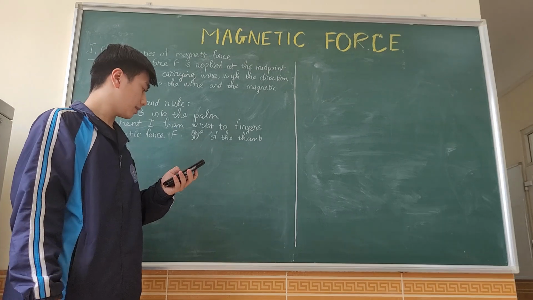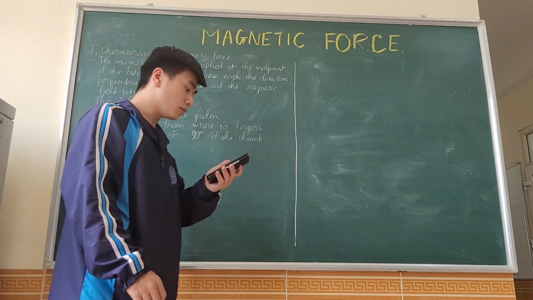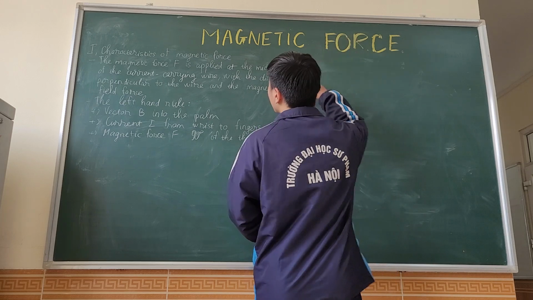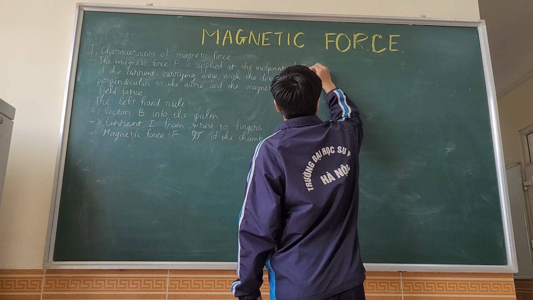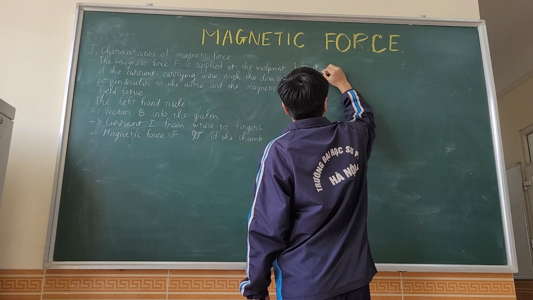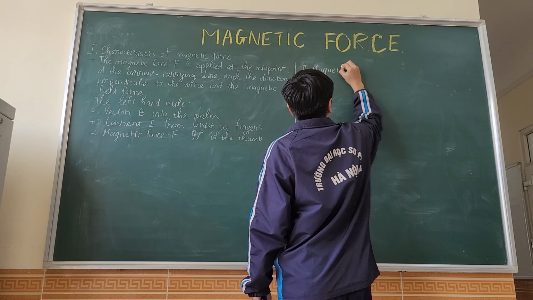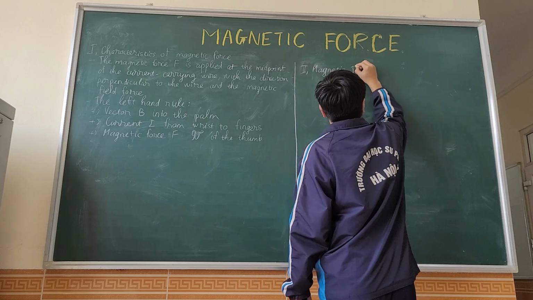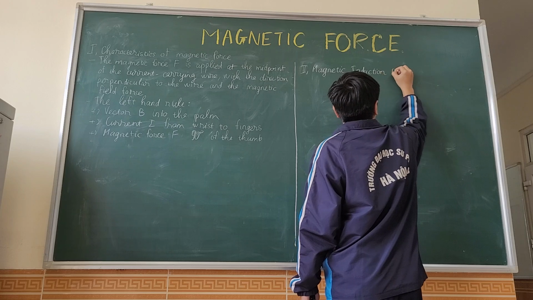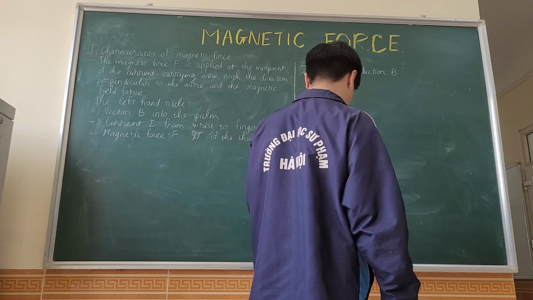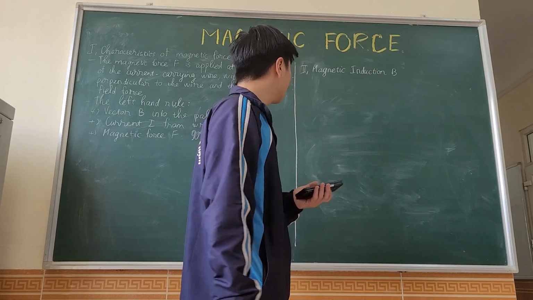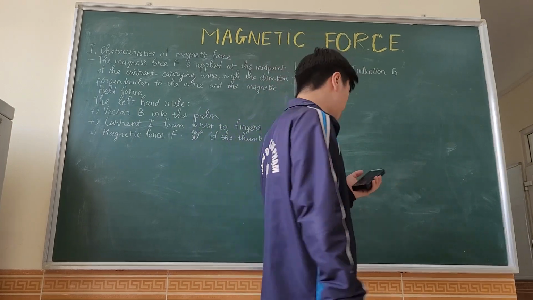Okay. So next, let's move on to the next part, measuring the magnitude of the magnetic field B. Now I will divide our class into 4 groups.